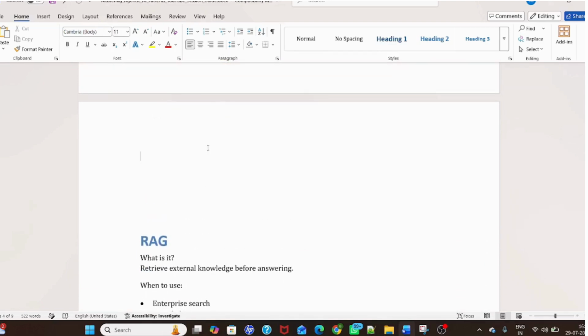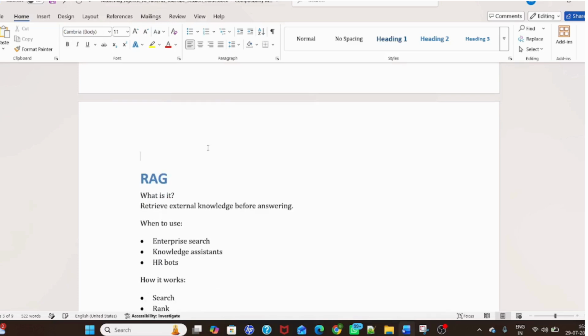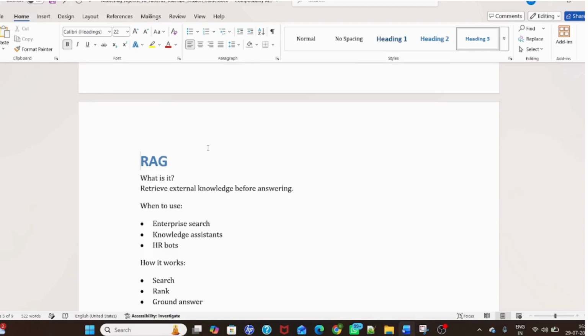So what is RAG? There is another pattern. Okay, the main three are those three patterns, but RAG is a specific system. Even though I can say it is like a pattern, it is used from a different perspective. Okay, finding the local data instead of depending on everything on the LLM: enterprise search, knowledge search, HR bot.